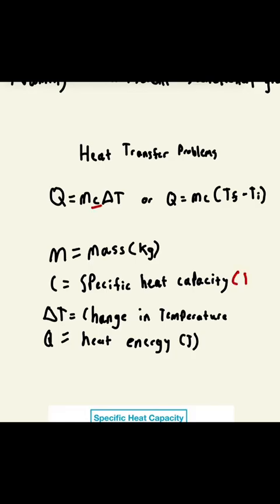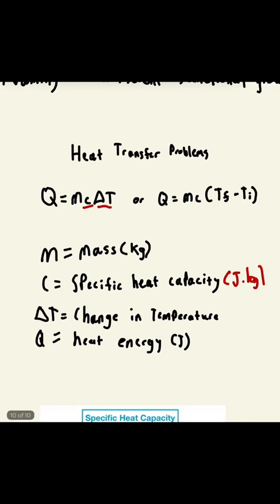Now that's actually measured in joules per kilogram, and multiply that by the change in temperature as well, delta T. Now this delta T, the change in temperature, is also the same as final minus initial temperature. So sometimes you might be asked to find the initial temperature of a substance. In that case, you just rearrange the equation to make Ti the subject.